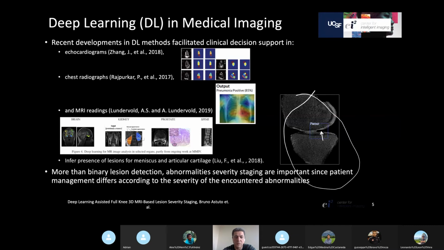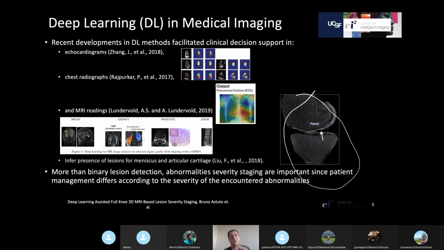But the work that I'm going to present to you today is more than simply detecting lesions, saying that it's normal or abnormal. The goal here is to give staging of the severity. Not only to say there's a lesion or there's no lesion, but if there is a lesion, what's the extent of this lesion?